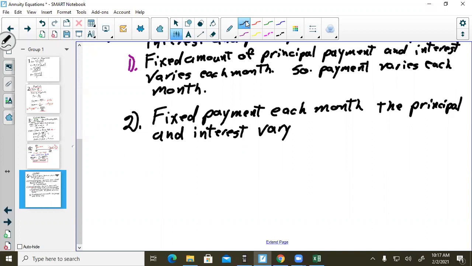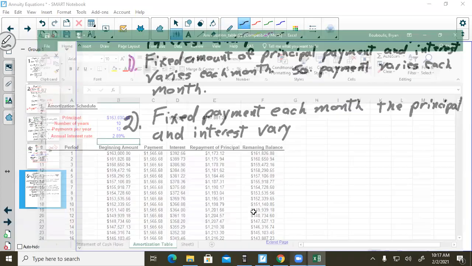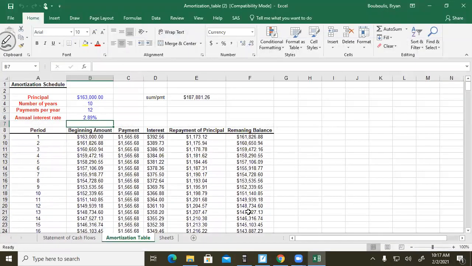Okay, so let's look at that for just a second. I have this amortization chart that I pulled up to show you guys, on As You Learn under Chapter 6. This is something I made, so you're welcome to take it, keep it, play with it. It comes in handy for a lot of things. So let's look at, we talked about car loans the other day.